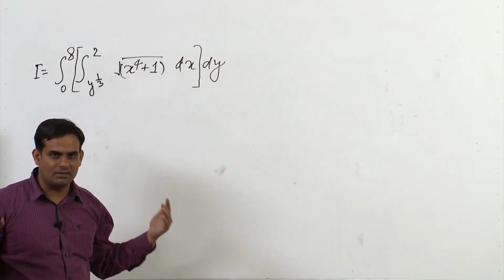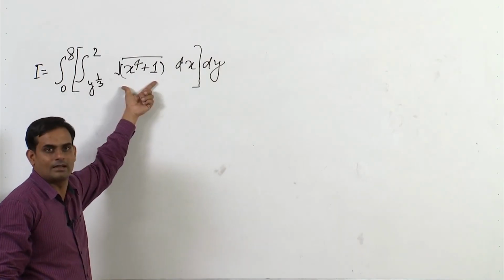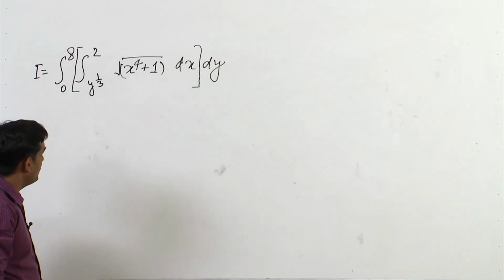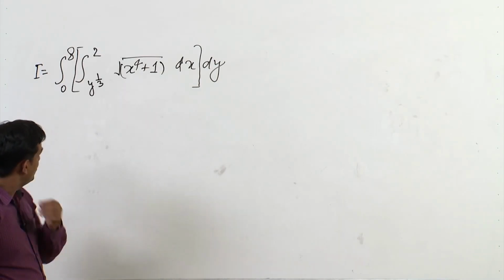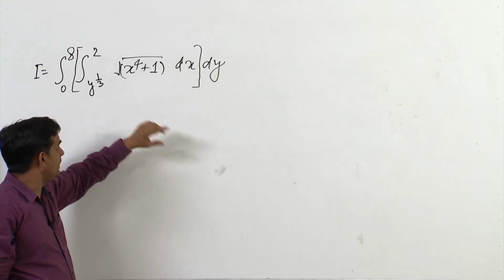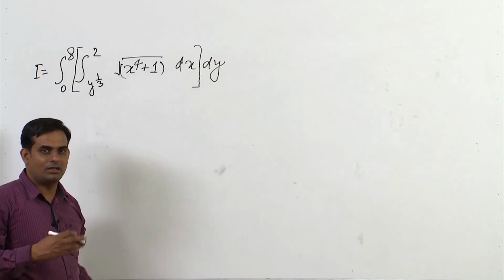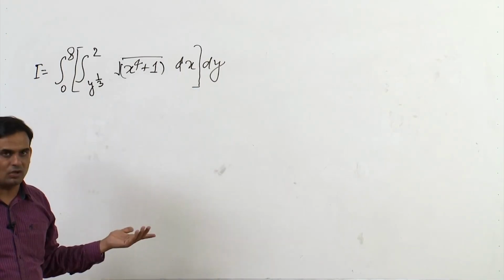I can make the substitution, eliminate this thing and integrate, but that I do not have here. So I cannot integrate this with respect to x. So the solution is change of order.